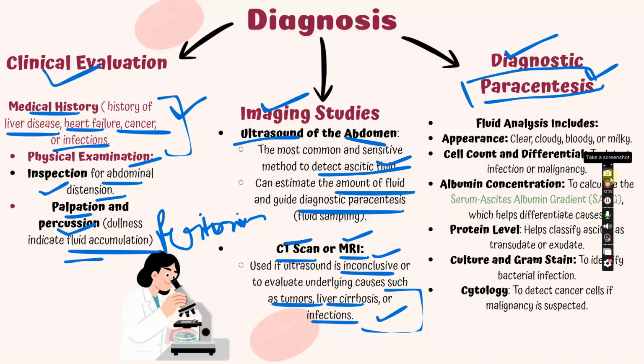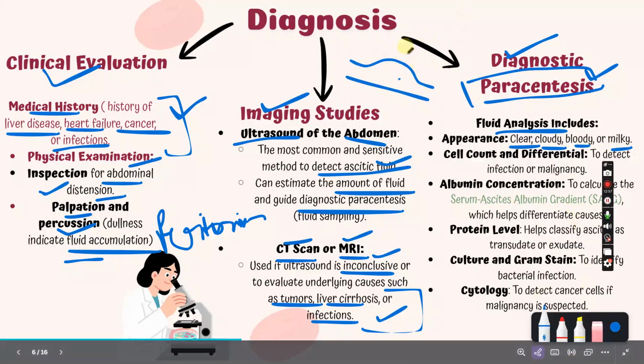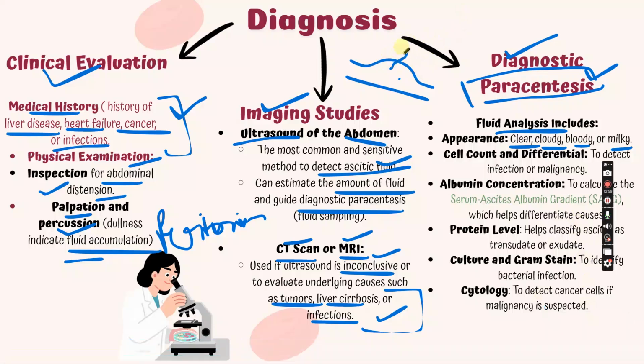So what happens is during paracentesis, we'll do fluid analysis. That will include what is the color of the fluid, is it cloudy or not, is it bloody, or is it milky? During paracentesis, imagine this is the patient's belly, and we'll insert a sterile needle to collect the fluid that is accumulated in the peritoneal cavity.